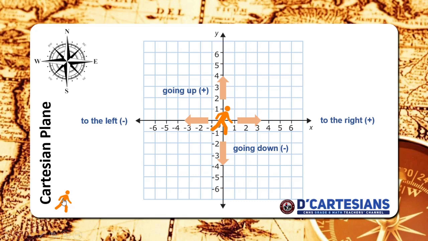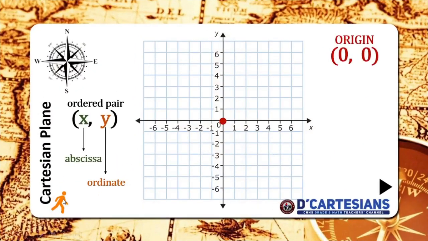Okay? Let us continue. Okay, so now let us plot the points. So if, example, we have point A, negative 3, 5. So, ang x natin is negative 3. It's negative, so the movement is to the left. Okay? Yan. So, lagyan lang natin siya ng marker dyan. And then, yung y natin is 5.